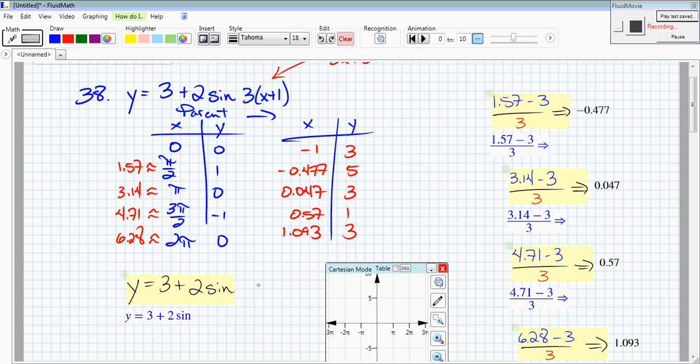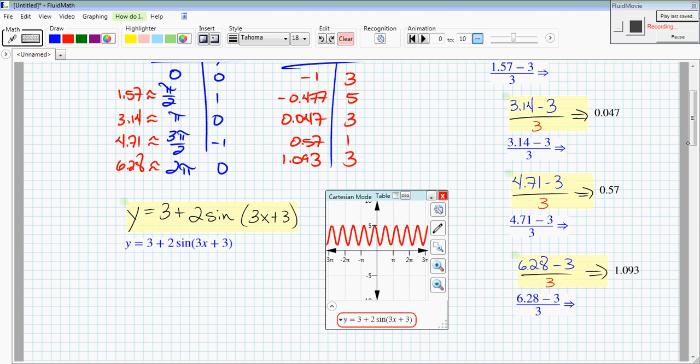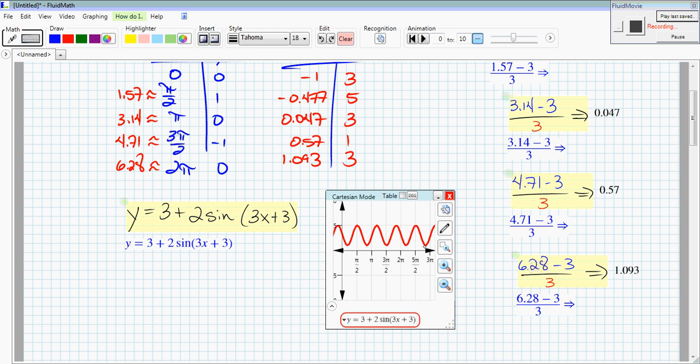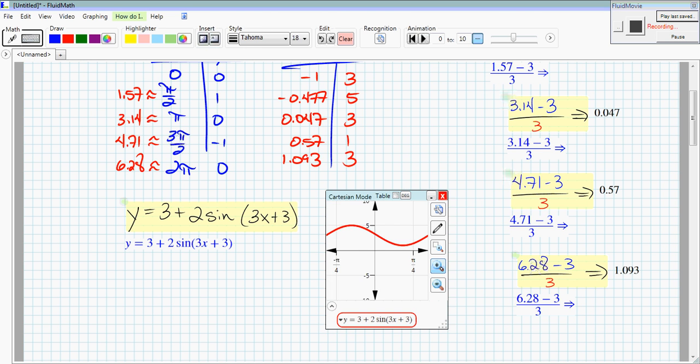Let's try this. Let's draw it like this, 3x plus 3. There we go. For some reason the other one doesn't really want to graph all that well. Maybe on your calculator it'll work out a little bit better. So what we want to do is change this x to -1, same thing you would do on your window. We're going to make this 1.094.